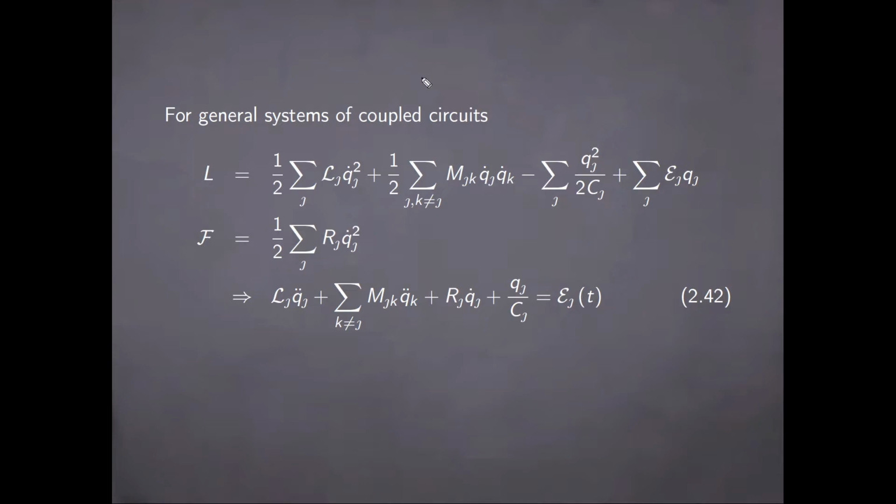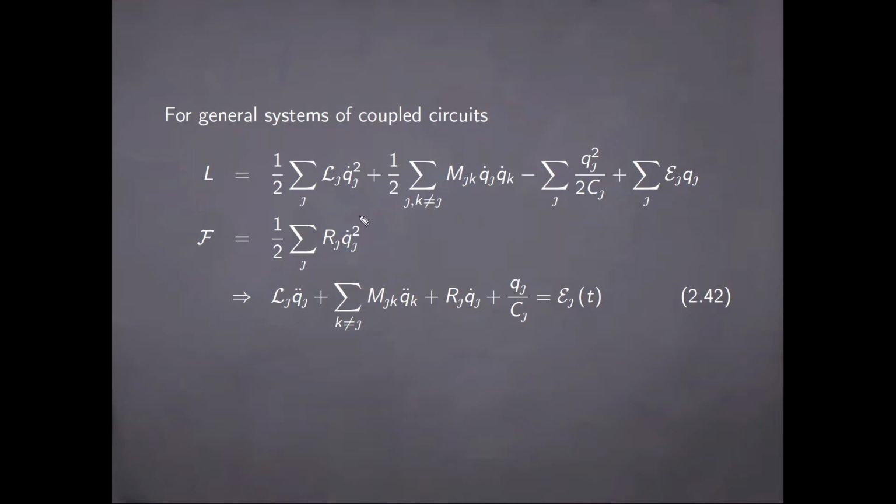Now, for general electrical systems made out of coupled circuits, Lagrangians can obviously be written as a kinetic term involving all of the inductances, a potential term, or a capacitive term, given by the potential energy of all of the involved capacitors, and a potential term given by the voltage sources or the electromotive sources present in the system.